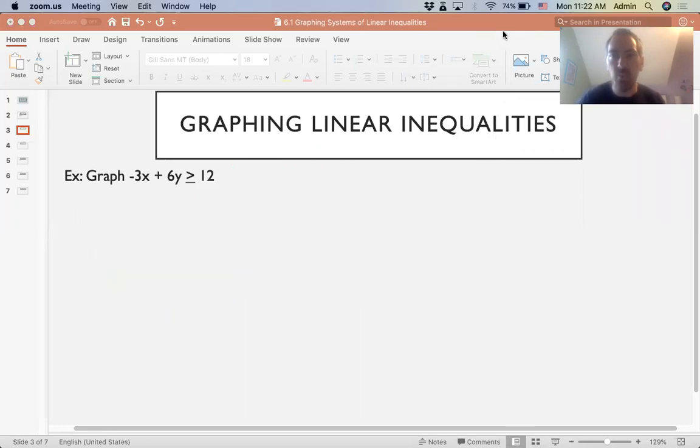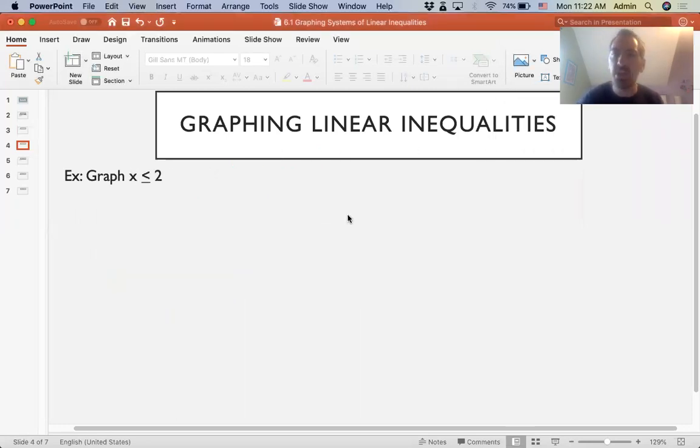And I have one more example with just individual linear inequalities before we jump to the system of linear inequalities. This one is when we're graphing x less than or equal to 2. This one may look a little funny because there's no y term in there, but we can still graph this.